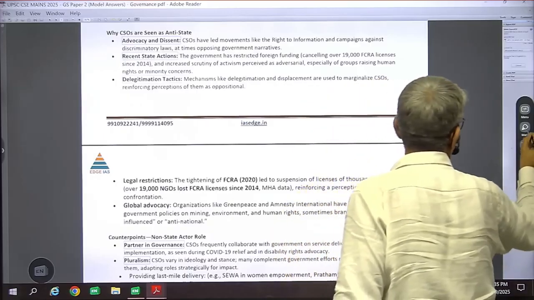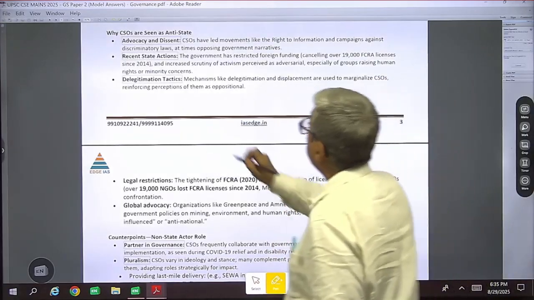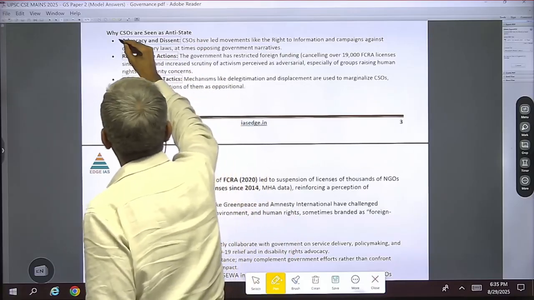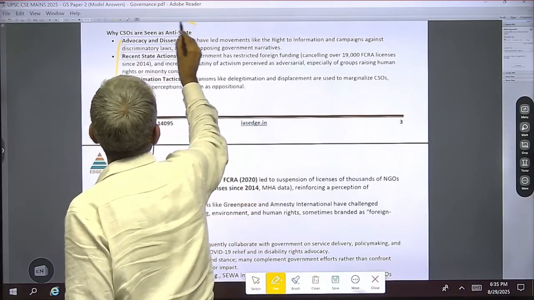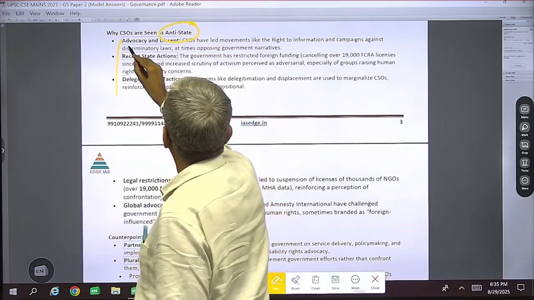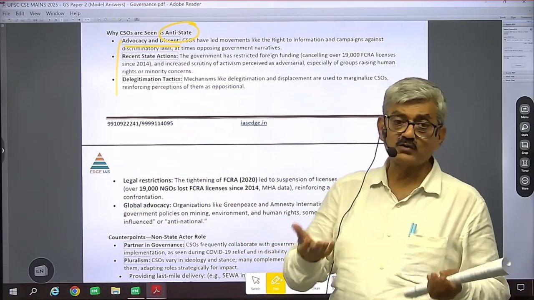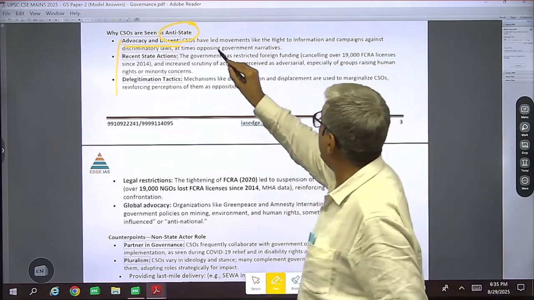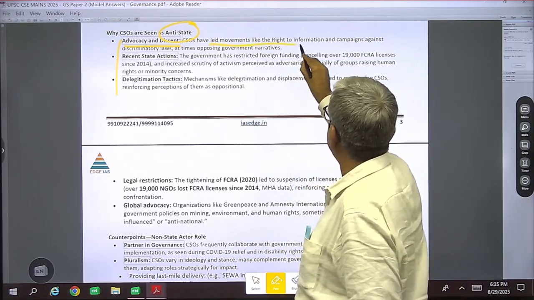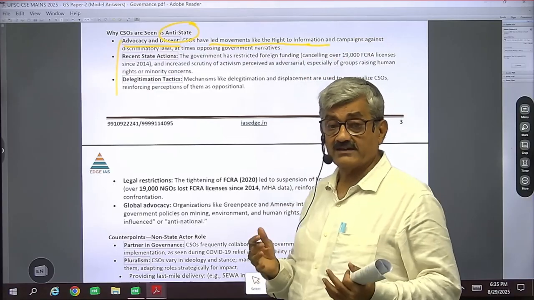What we find is that, let's see, we are discussing first the anti-state aspect of it. First, advocacy and dissent. This is their duty. They are supposed to do it. But have these movements led to a good thing or a bad thing?